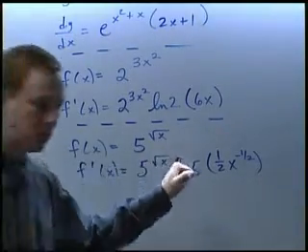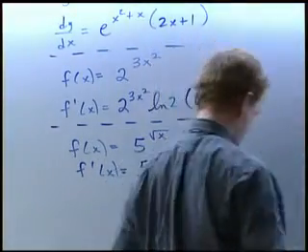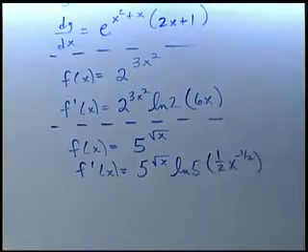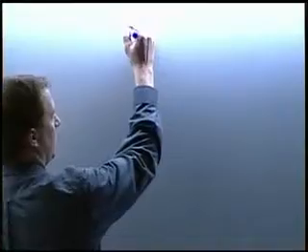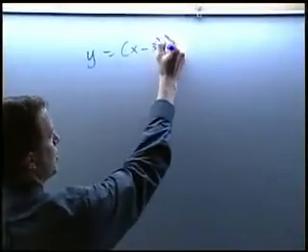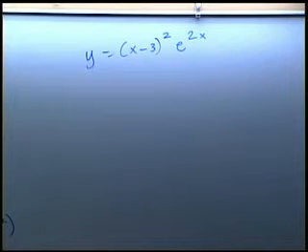Okay? All right. Let's continue to look at some examples here. What if we've got one like this? X minus 3 quantity squared times e to the 2x.